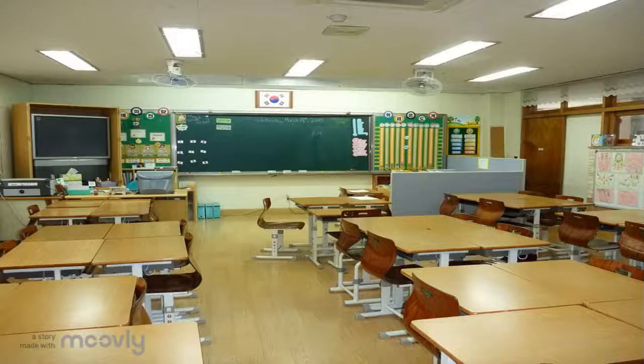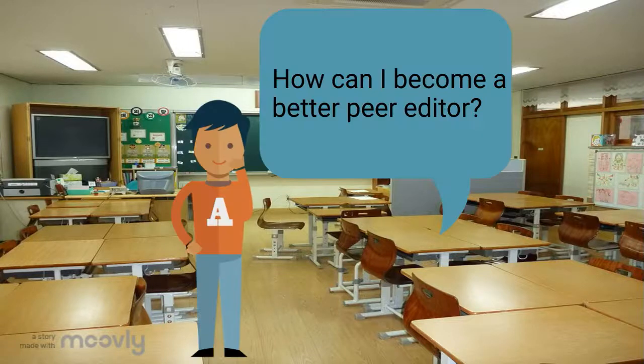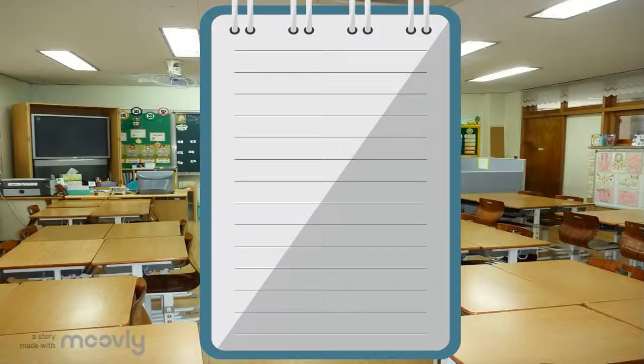Although errors can be found more easily, some people still have issues conducting peer editing to a high enough degree that will benefit the author in making his or her work better. Because of this, people often ask, how can I become a better peer editor? The answer to that question resides in an organized and constructive review process.